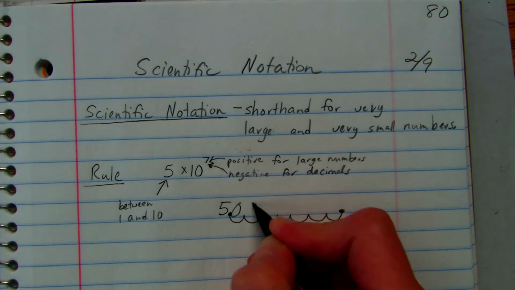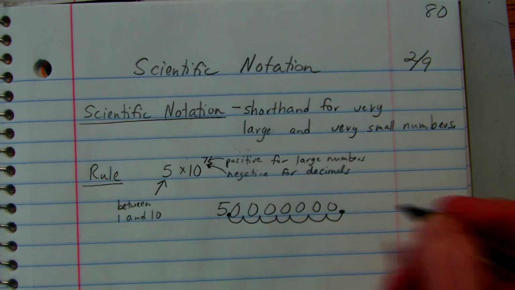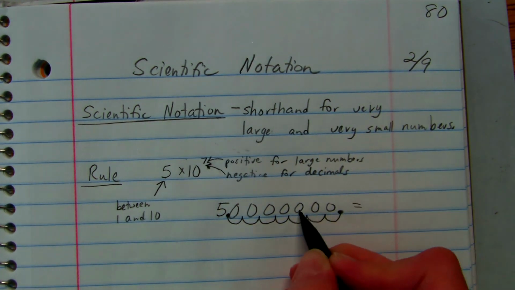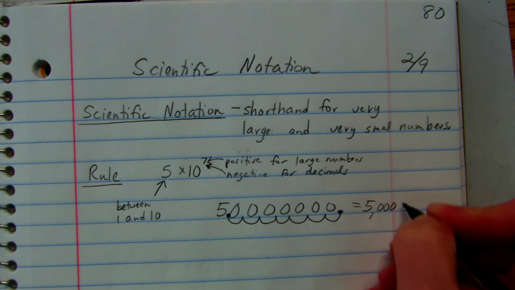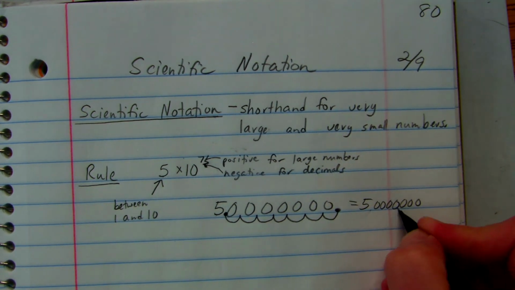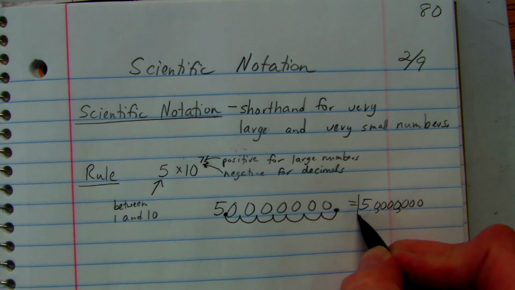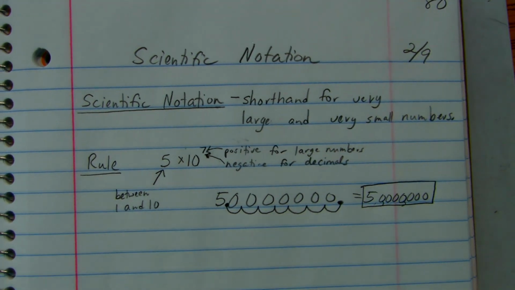And you just fill in everything with zeros. So if we rewrite it, I have 1, 2, 3, 4, 5, 6, 7 zeros. I don't know why I put a comma there because I don't think that's where it goes. So we're going to get 50 million.